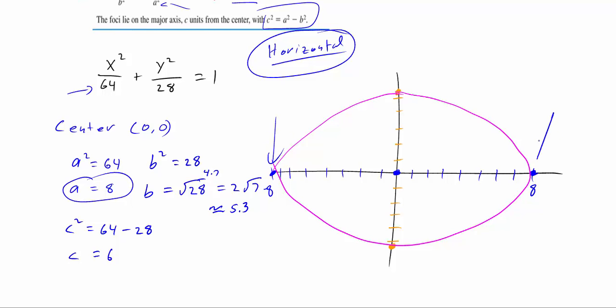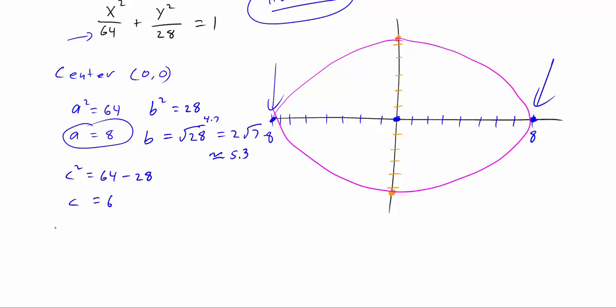And now we can go back and actually label our vertices. Here we have one, here's the other one. The actual coordinates would be negative 8, 0 and positive 8, 0. We could write that as positive or negative 8 for the x, and the y coordinate would be 0. And then if we're calculating the foci, from the center out to the foci is going to be our c value, which we just calculated was equal to 6.